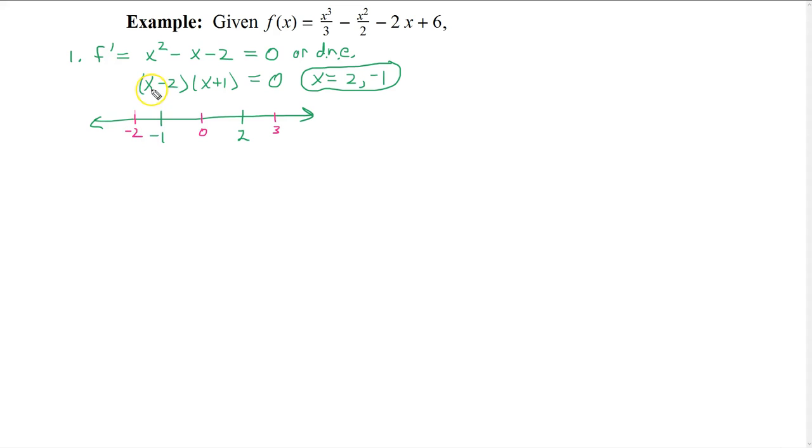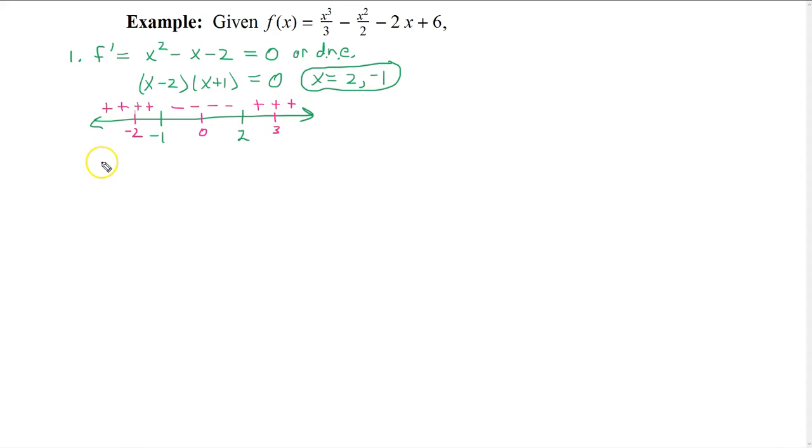If we put -2 into the derivative, which is right here, that's the factored form of the derivative, we're going to get negative times negative, so that will be positive. If we put 0 into the derivative, we will get negative times positive, so that is negative. And if we put 3 into the derivative here, we will get positive times positive, and there we go. There's where we are increasing and decreasing.